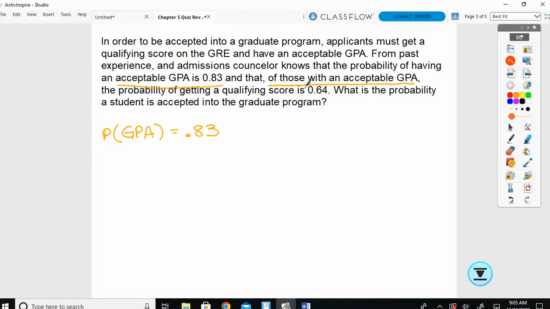Of those with the GPA, the probability of getting the score is 0.64. So what they're saying is we already know they have the GPA. So the probability they have the score given they already met the GPA requirement is 0.64.